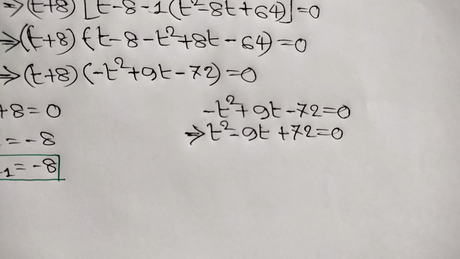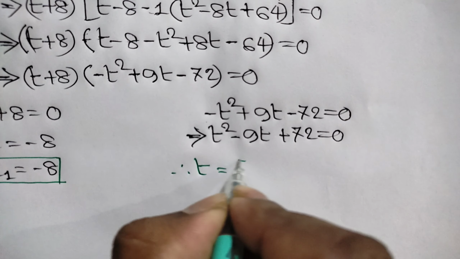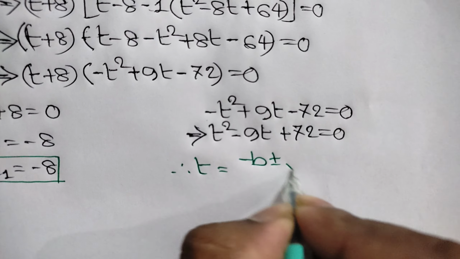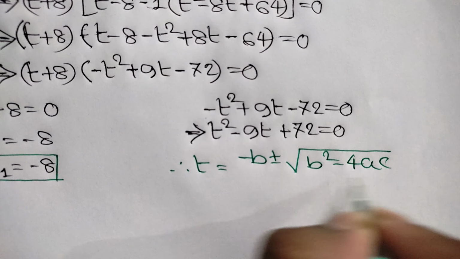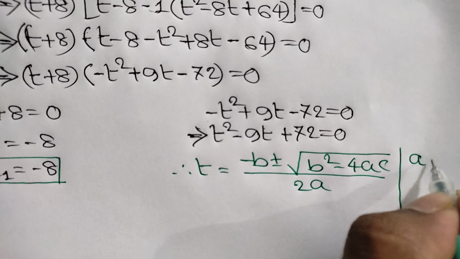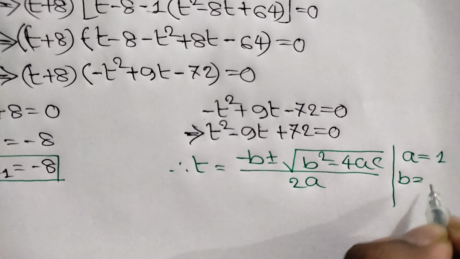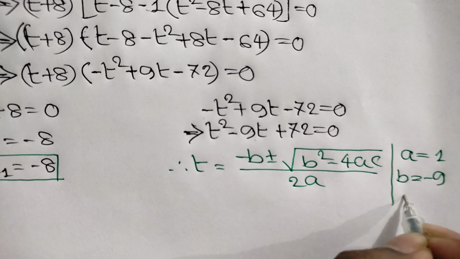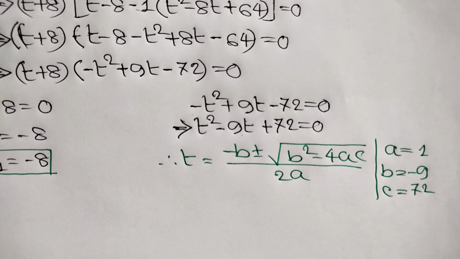Now here we can use the quadratic formula, so we can write t is equal to minus b plus or minus square root of b square minus 4ac over twice a. Here a is equal to 1, b is equal to minus 9, and c is equal to 72.